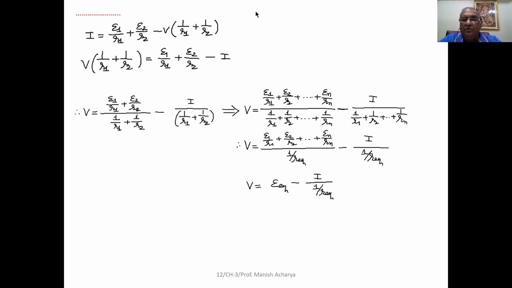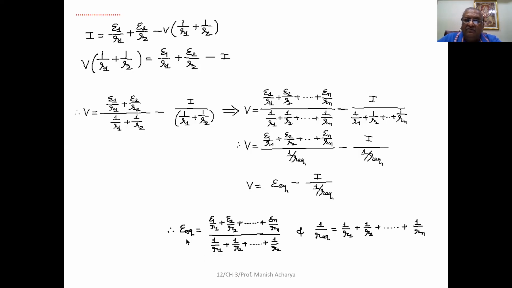Clear to all of you? So in general, for n cells in parallel, E equivalent is E1 upon R1 plus E2 upon R2 plus up to En upon Rn divided by 1 upon R1 plus 1 upon R2 up to 1 upon Rn. Now, whatever the number of cells given to you in the parallel combination, you have to write up to that number of steps here.